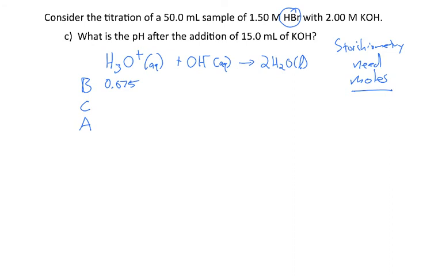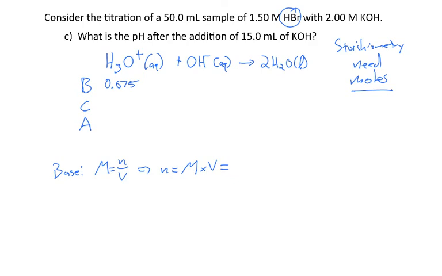And that starting amount of acid will be the same in all of these problems. To find the moles of base, I just use the molarity equation. I need to rearrange that so that moles are equal to the molarity times the volume.